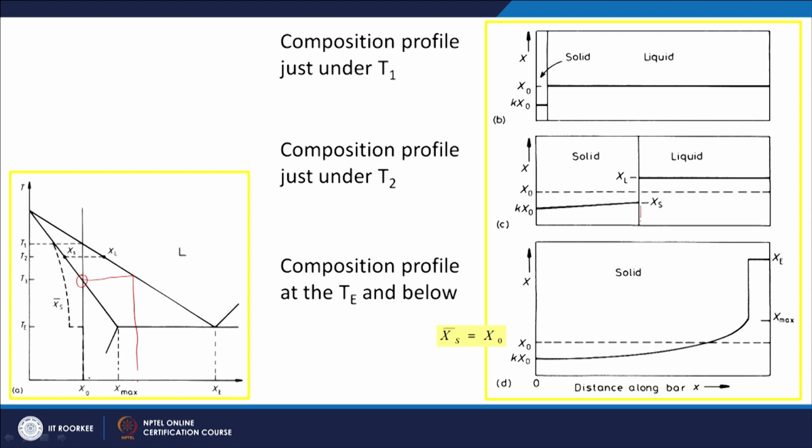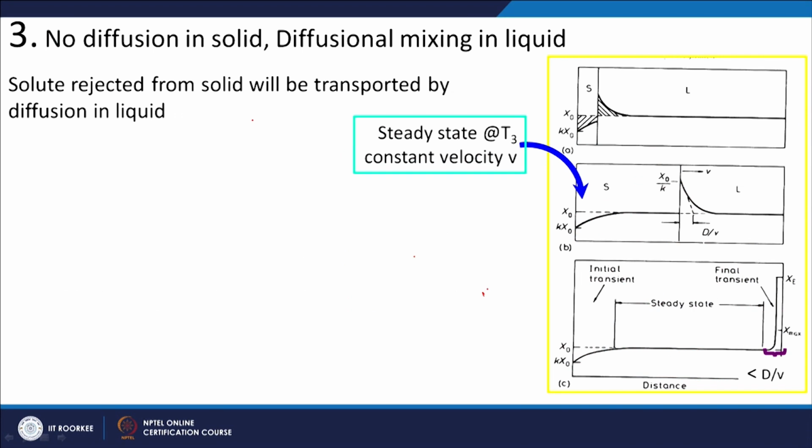If xs is at x naught, again using my partition coefficient, xl will become x naught by k. So, that is what we are saying here: at the interface x naught by k, and away from the interface, at some point the liquid will have the composition of x naught.